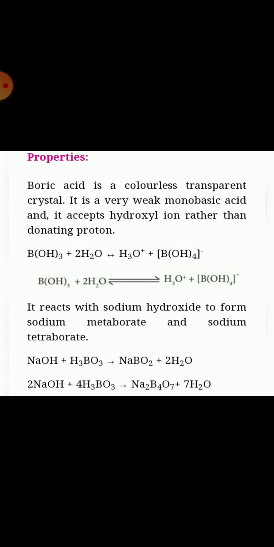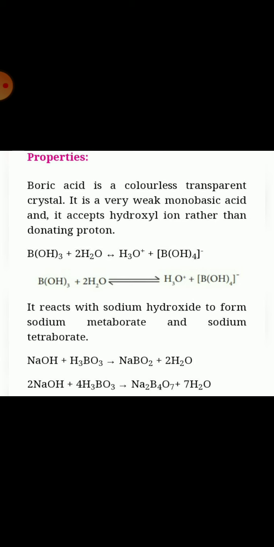Then it is an equilibrium reaction, that means a reversible reaction. B(OH)3, boric acid, reacts with water to form hydronium ion and the monobasic acid, boron tetrahydroxide. Again it comes back to the original form of boric acid and water.